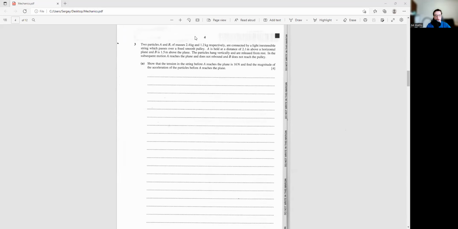Okay, that question seems to be about connected particles. We'll have a smooth pulley. Again, the diagram is very important. So we got 2.4 kilograms.